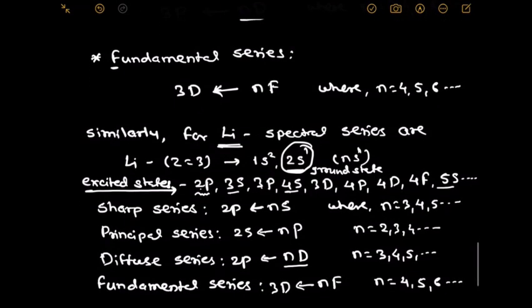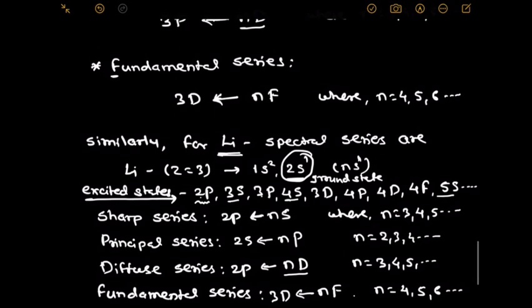The resulting series becomes a diffuse series. Similarly for the fundamental series, all running states come from F states, meaning 4f, 5f, 6f and so on, and it ends on the lower fixed state 3d. The resulting series becomes a fundamental series.